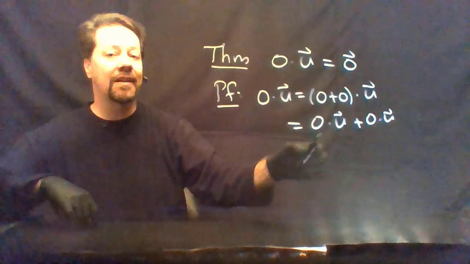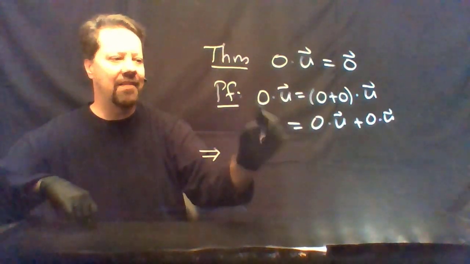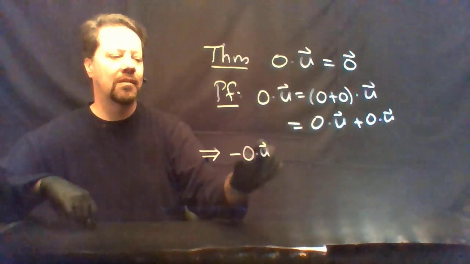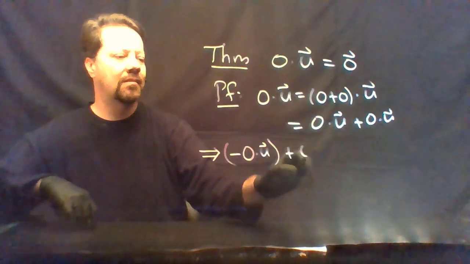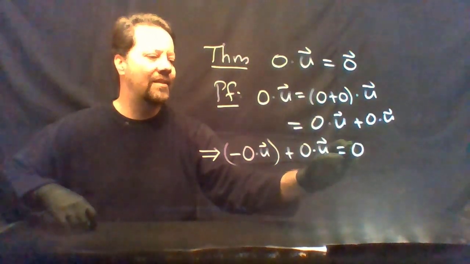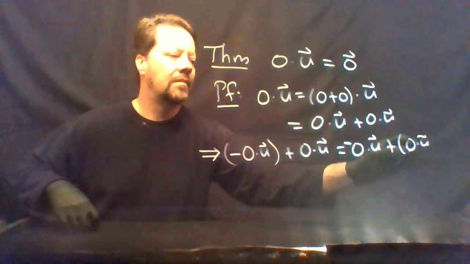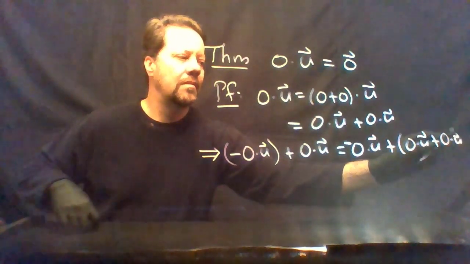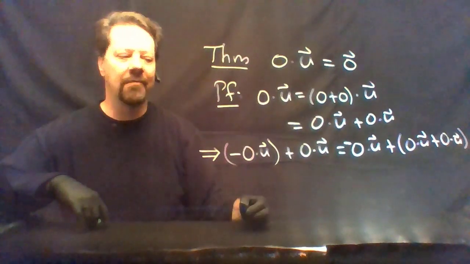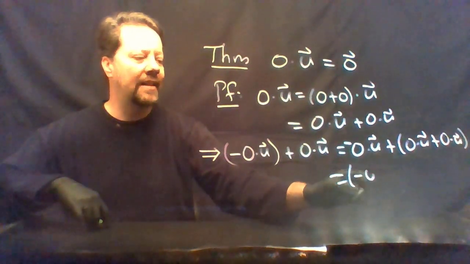Now, every vector has an inverse. You can add the inverse of 0 times u to both sides. And we'll add that to the other side as well, making sure that we have associated these two vectors because we're adding them first. But by the associative law, you can reassociate that sum on the right.